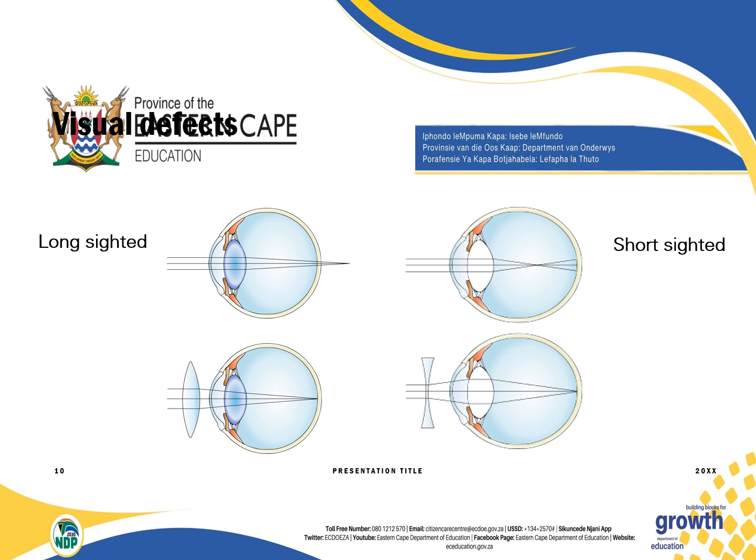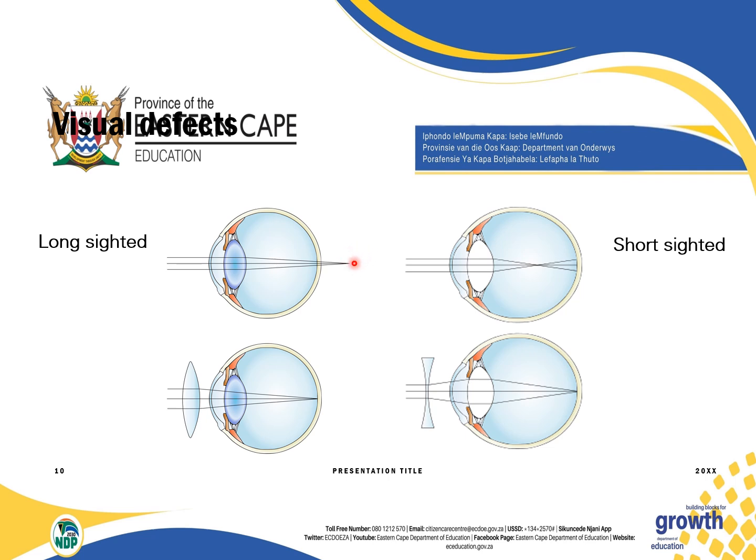This is what happens in long-sightedness. In long-sightedness, the lens cannot become convex enough. It cannot bulge enough, and therefore it does not refract the light enough, and light therefore focuses behind the retina.